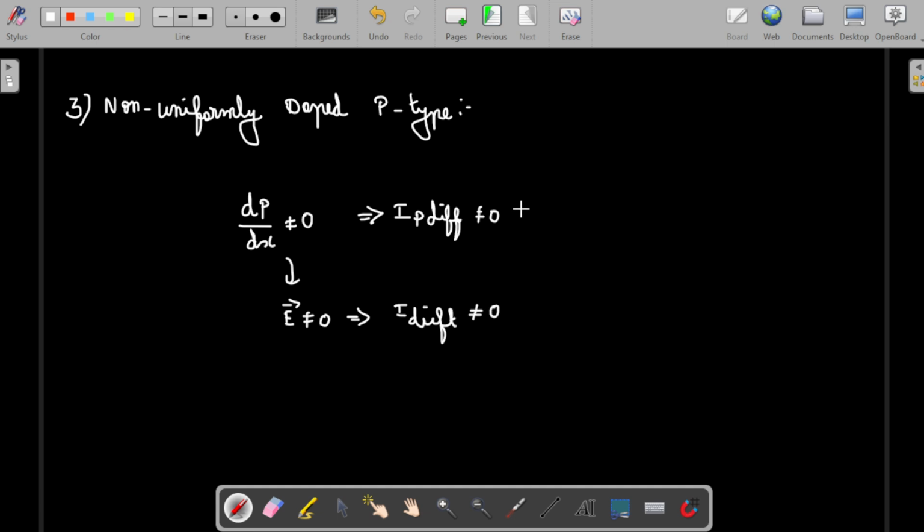So that will also not be equal to 0, but both will be in the opposite direction. So the I net that we get will be equal to 0, as the device is in the equilibrium state. Extending the same formula, comparing the J net, which is also equal to 0, we come to the inbuilt electric field formula that we discussed in the last class.